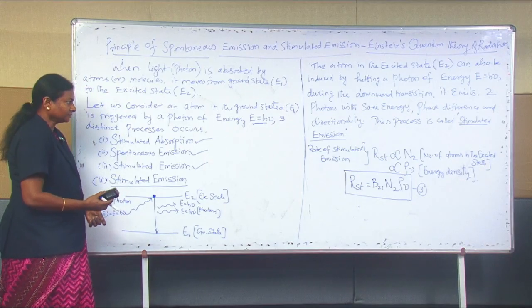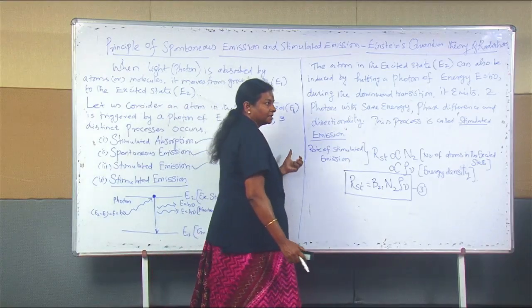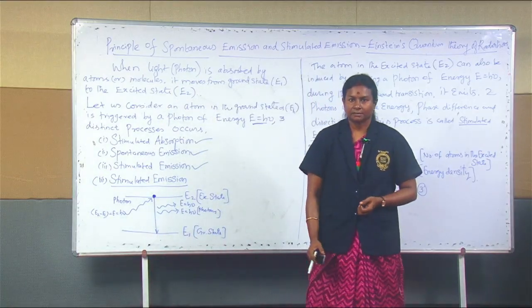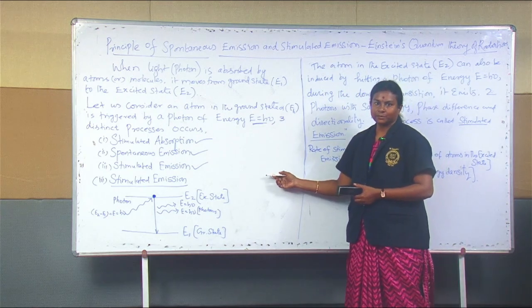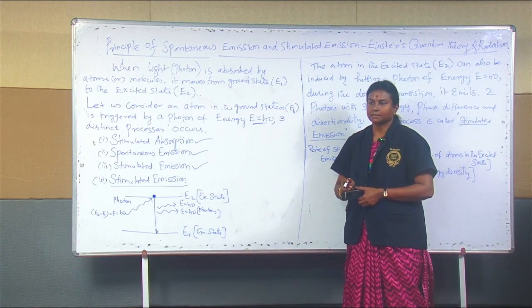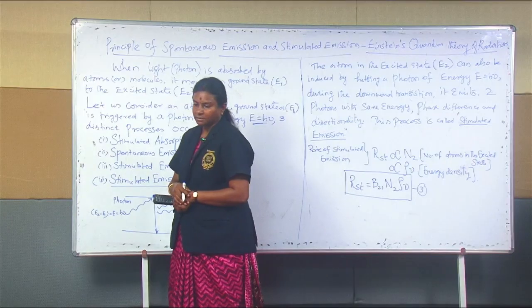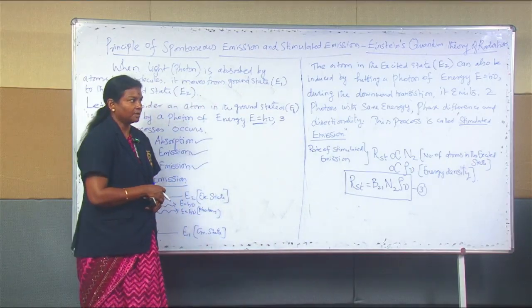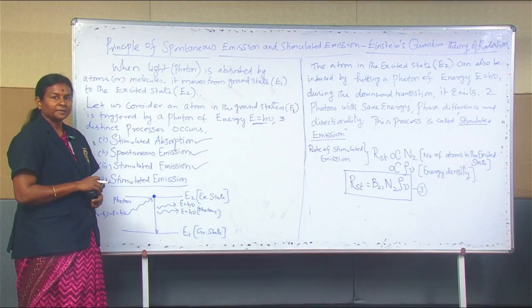Clear? Okay. So, according to Einstein, the absorption and the emission processes are all based on the Planck's law of radiation. In addition to this, the population of the energy levels obeys the Boltzmann statistics.